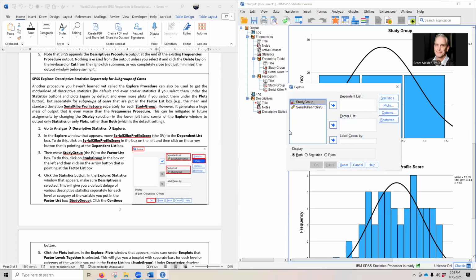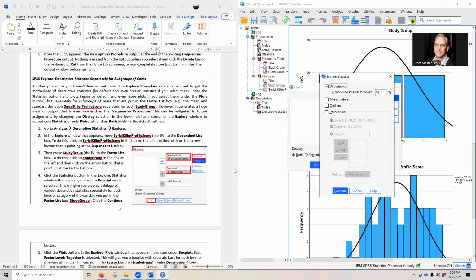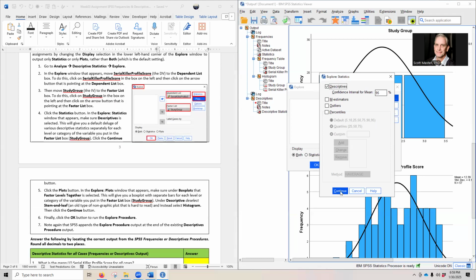In Explore, we want to move our dependent variable to the dependent list. And we want to move our independent variable to what's called the factor list here instead of the independent variable list, because SPSS, they hate our faces. Then under Statistics, we are supposed to get the descriptives, which is already selected. We're going to get so much stuff from this. It's a little bit crazy.